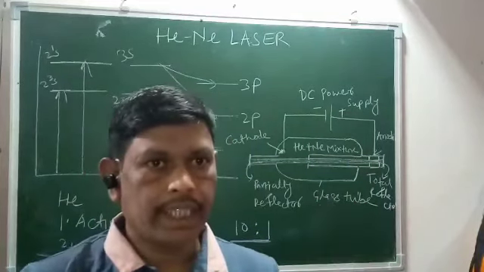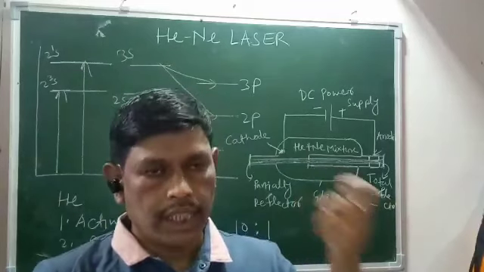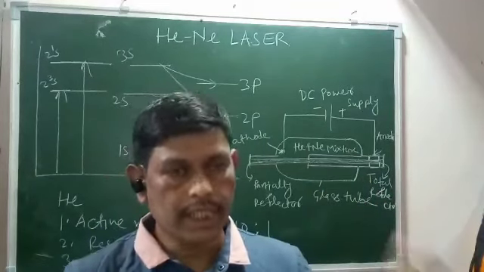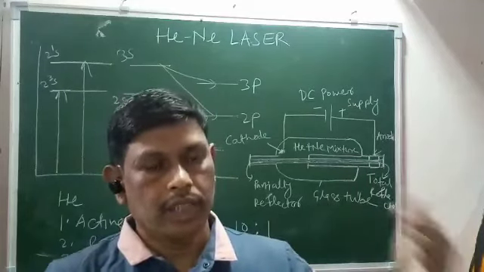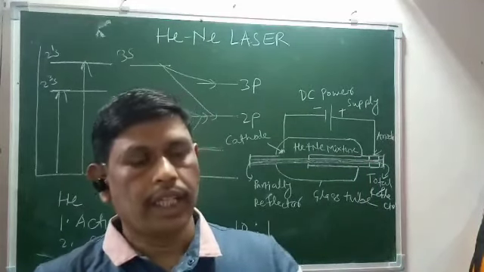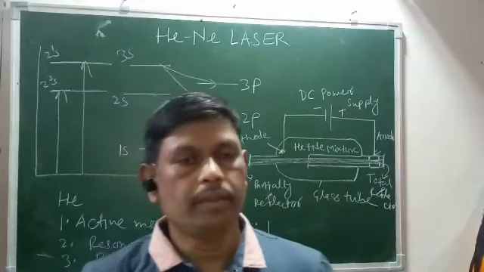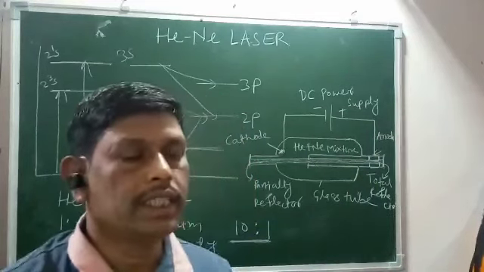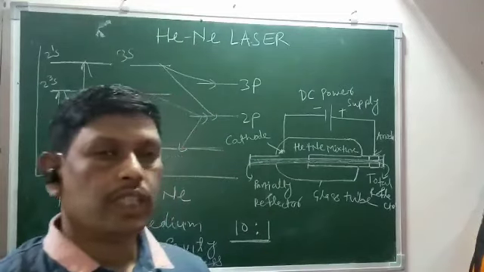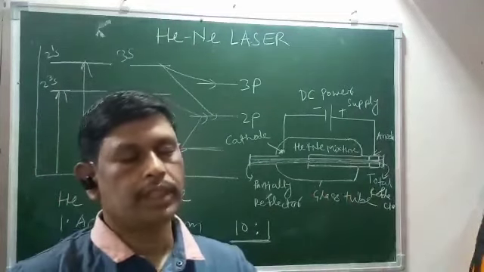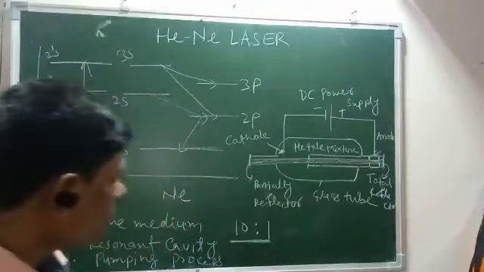Helium is the lighter atom, so the electron can interact with helium easily and excite the helium atom, and the helium atom can undergo transition to its excited state, which can be seen in the working principle in the energy level diagram.